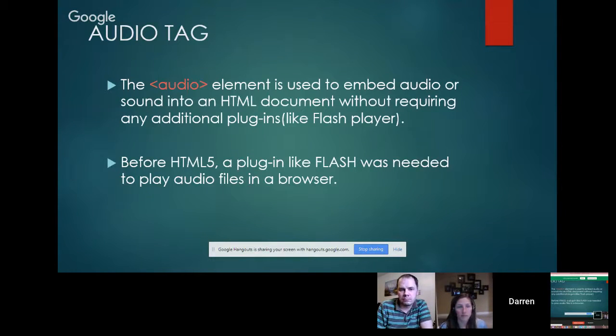First of all, the audio tag, as it states here, is the element used to embed audio or sound into an HTML document without requiring any plugins such as Flash. Now, before HTML5, Flash was needed in order to play files in the browser.